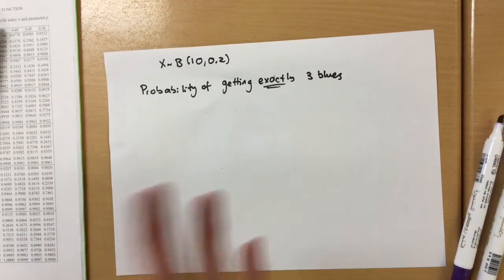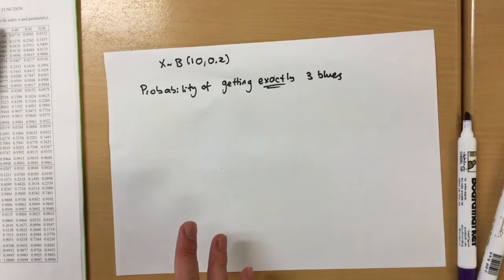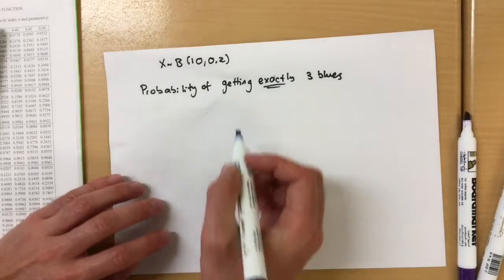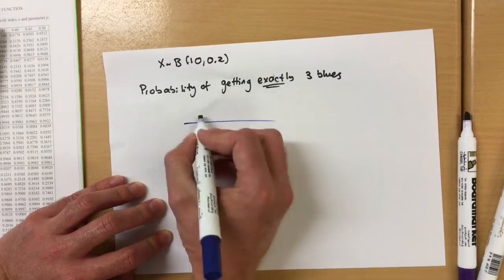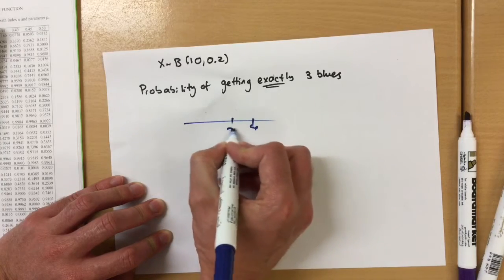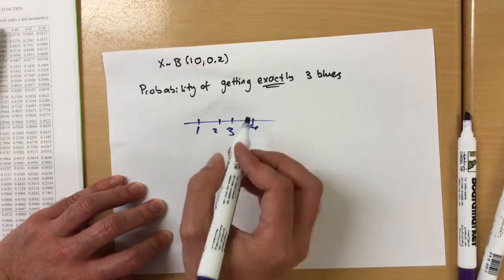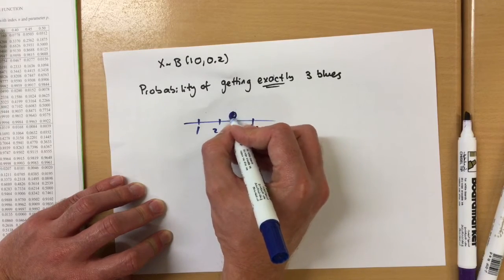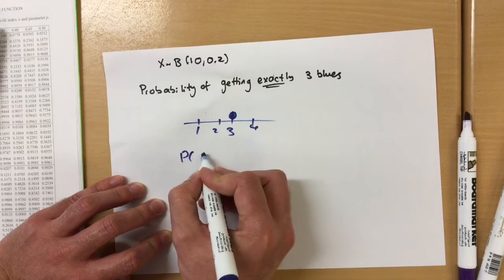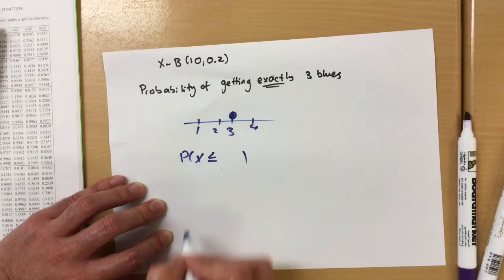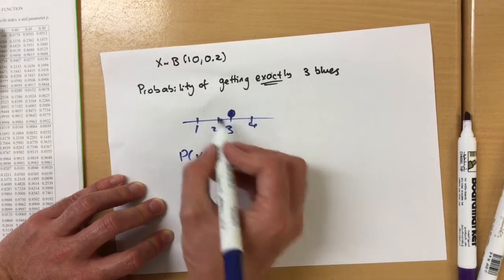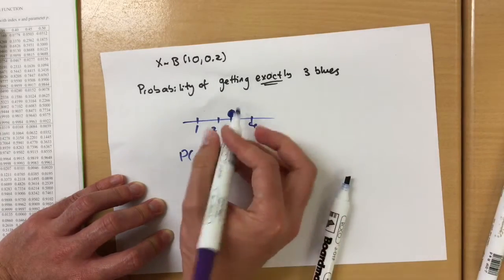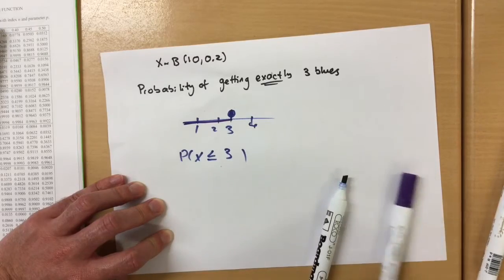What's the chance of getting exactly 3 blues? Okay, well, remembering our number line, here we go, I'm going to do just part of a number line, don't need all of it, so exactly 3, just that. Now remembering our table gives us less than or equal to, the biggest number is 3, because it's the only number, and our table will give us 3 and everything below.